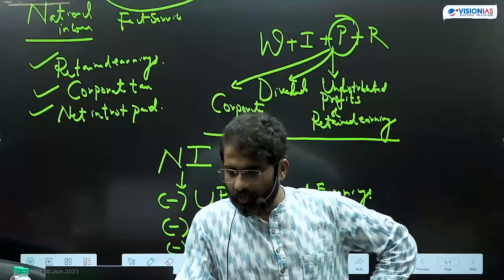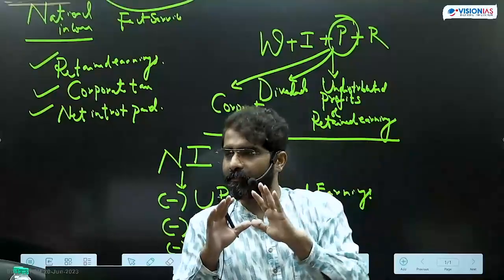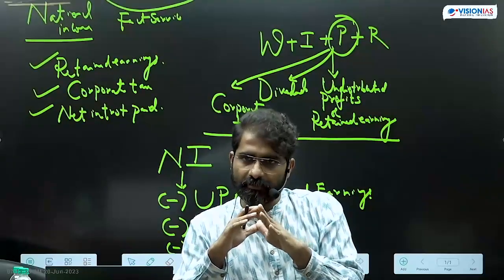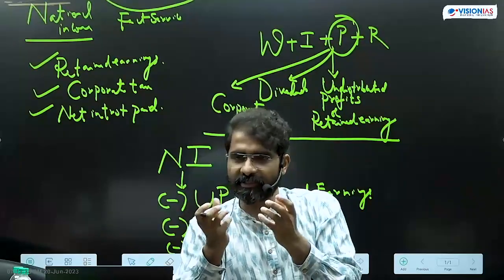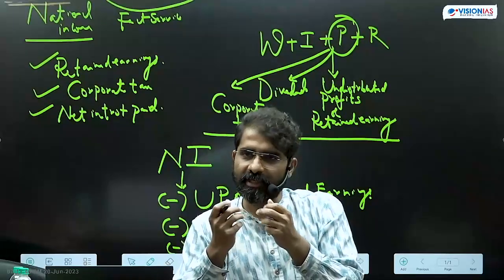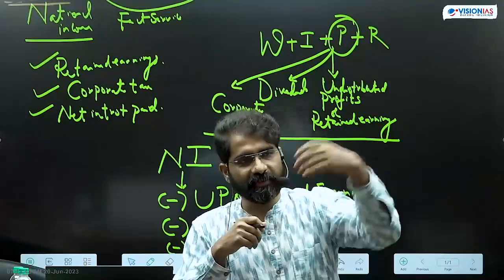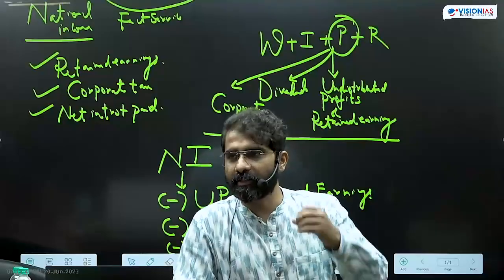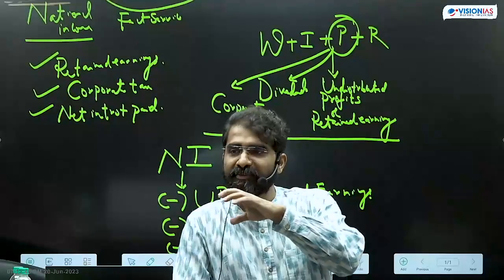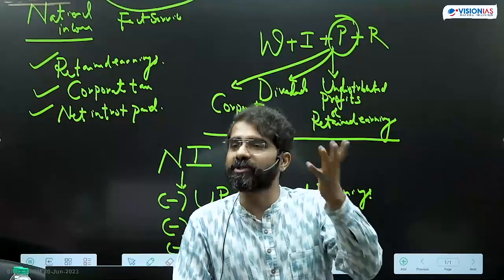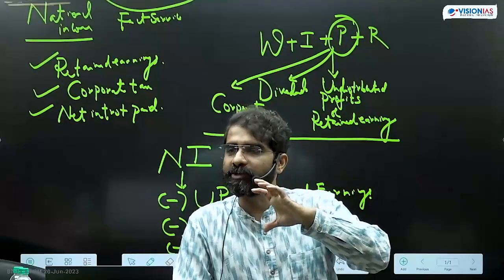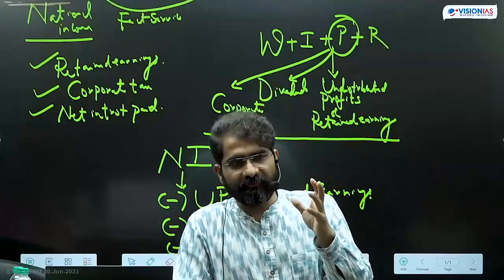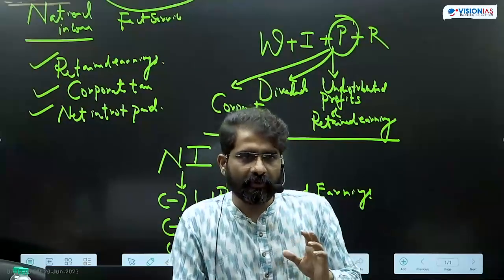But when depositors put money in the bank, there is some interest that comes. With the depositors' money, the bank is taking the loan and doing some productive activity, rendering a service. It is a loan taken to produce something, and therefore that interest will be part of national income calculation.